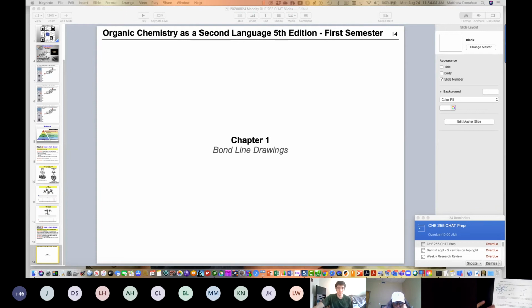So Sarah's asking how many unique types of hydrogen. This carbon atom did not have any hydrogens. So for unique types of hydrogen, we have 1, 2, 3, 4, 5.